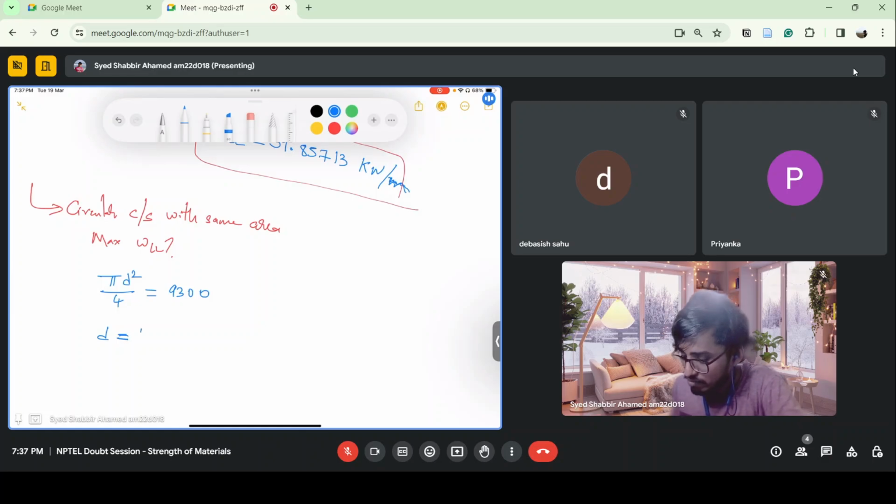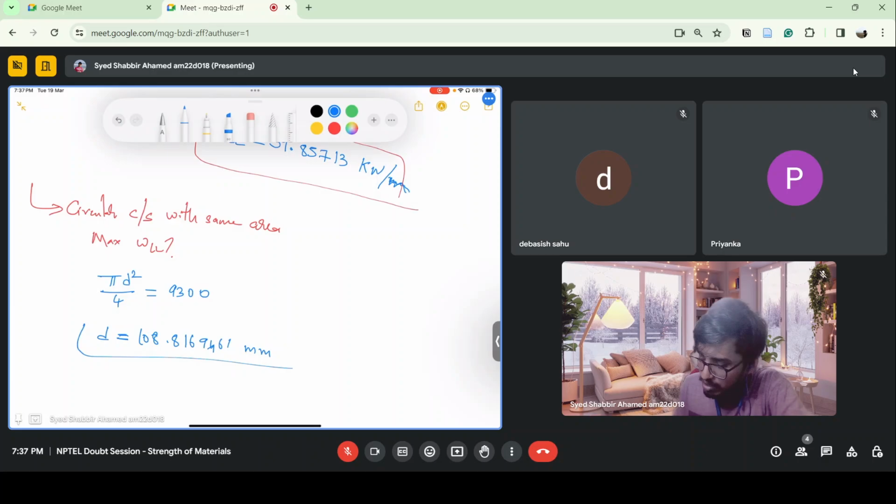We will get the diameter of this cross section for this area as this something. Yeah, this is the diameter.